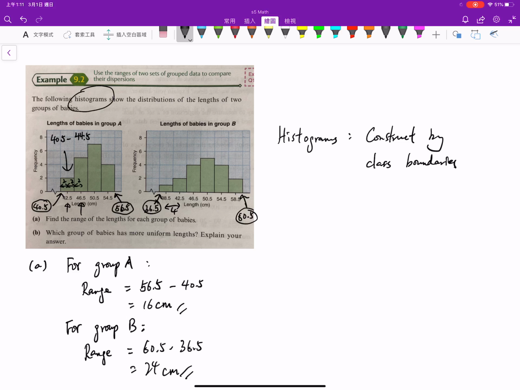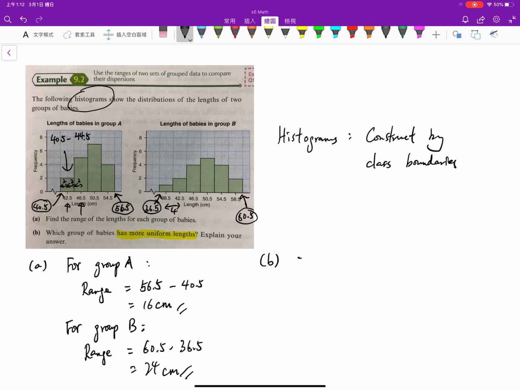So we look at part B. Be careful, part B, now the question is different. More uniform. More uniform means less dispersed, but not more dispersed. It is asking you which group has less dispersed lengths.